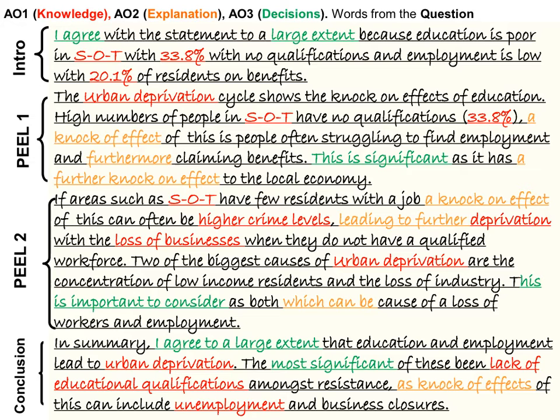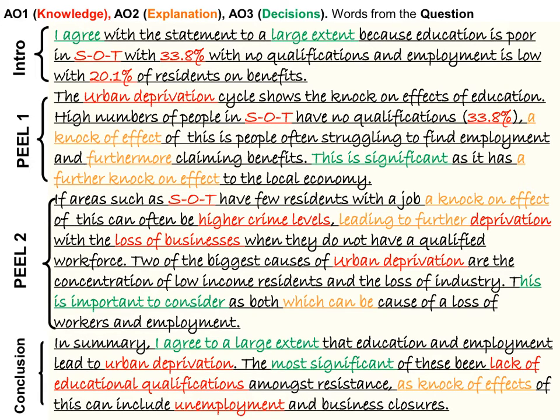Peel 1. The urban deprivation cycle shows the knock-on effects of education. High numbers of people in Stoke-on-Trent have no qualifications, about 33.8%. A knock-on effect of this is that people often struggle to find employment and furthermore end up claiming some kind of benefit. This is significant as it has a further knock-on effect to the local economy. Peel 2.